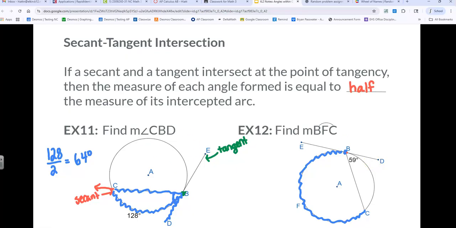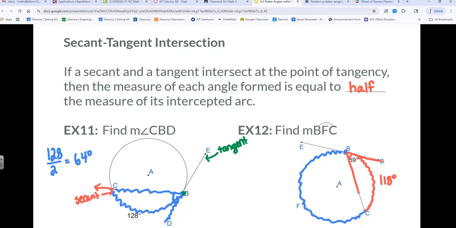We know this angle right here, but we don't know the angle that goes with that blue arc. But could I find the arc that goes with 59? I could. What would I do? Just double it. So if I do 59 times 2 right there, I'll get 118.